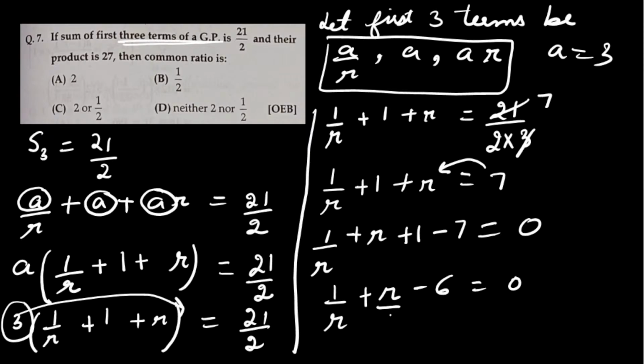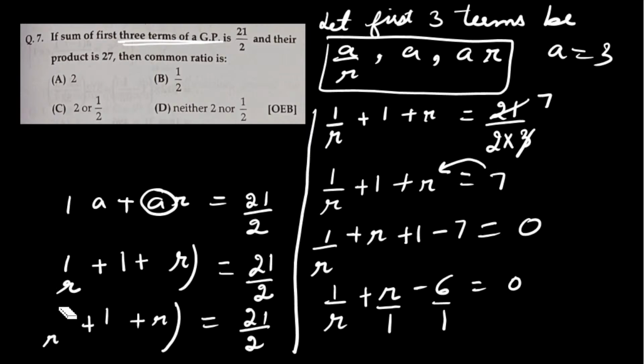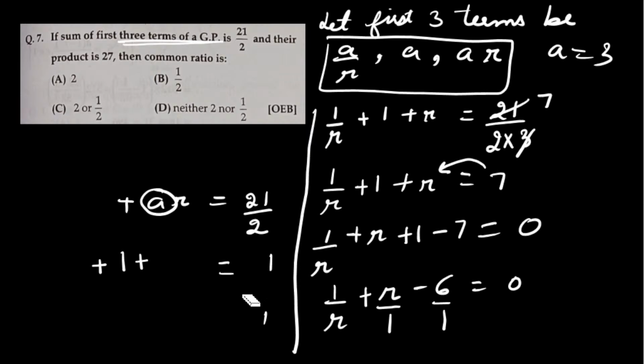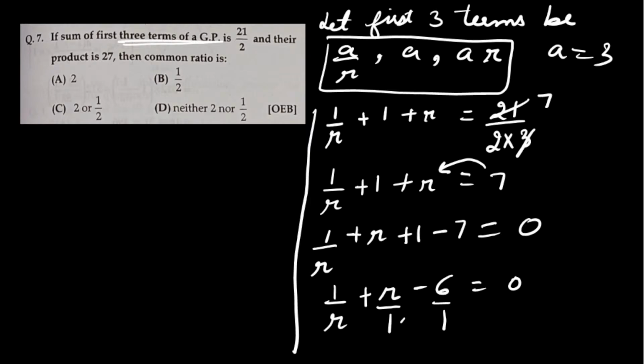Let's write here also by 1, here also by 1. Let's take LCM now. Because three fractions when they are getting added, we have to take their LCM. We have to make the denominator same. How we can make denominator same in this case? One of the denominator is r, so other denominators also we can make r only, by multiplying here with r.